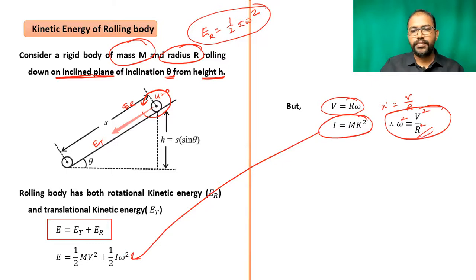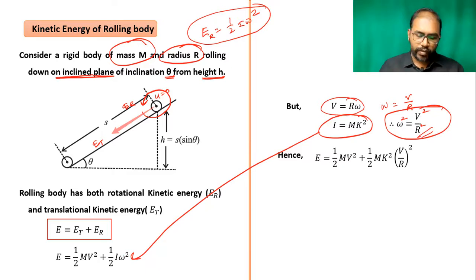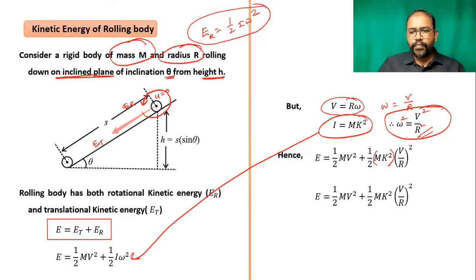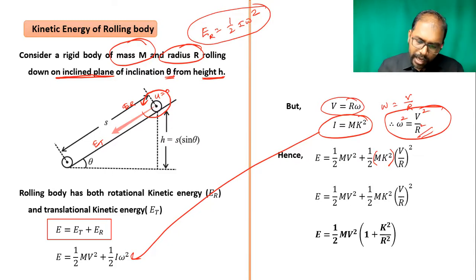Then what do we get? You can see here, we get an equation for kinetic energy: half mv square plus half mk square. Mk square means this is I we substitute, and this is (v by r) whole square, or we can write v square by r square by simplifying the bracket. Now after that, we can take common. What is common in this? Half is common, m is common, v square is common in every term.